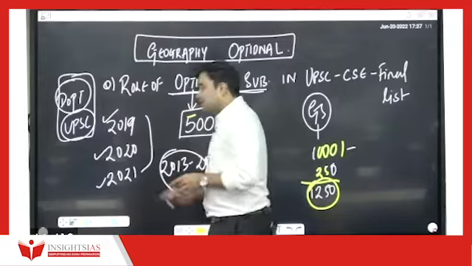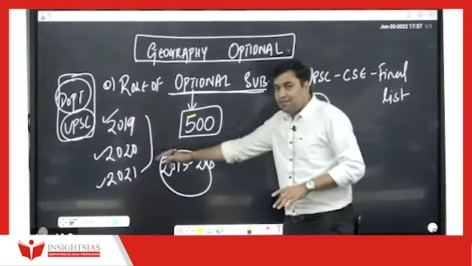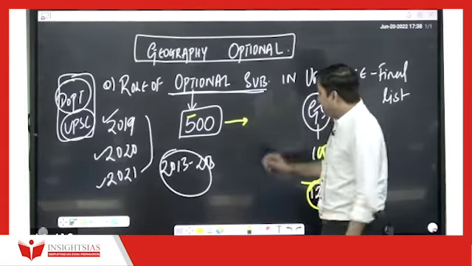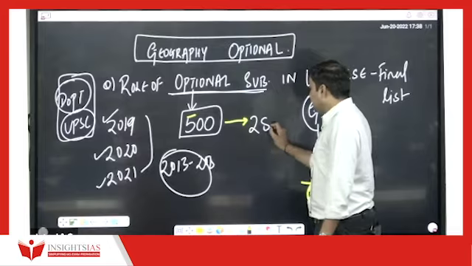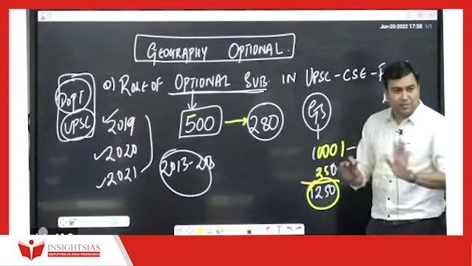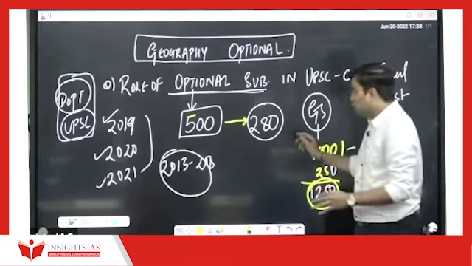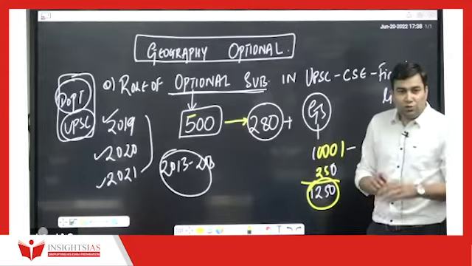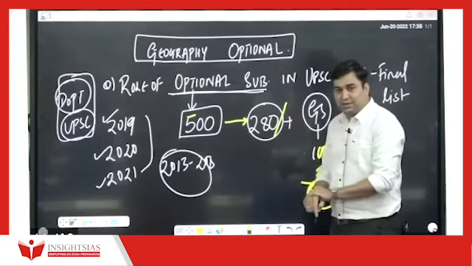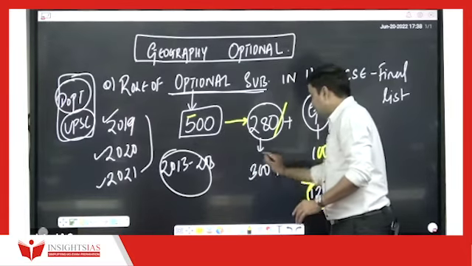What we see is that in recent times, if you're scoring around 280 marks in any optional, I'm not speaking about geography, in any optional, 280 or 280 plus, that essentially means you are scoring very good marks. Excellent means 300 plus in recent times.